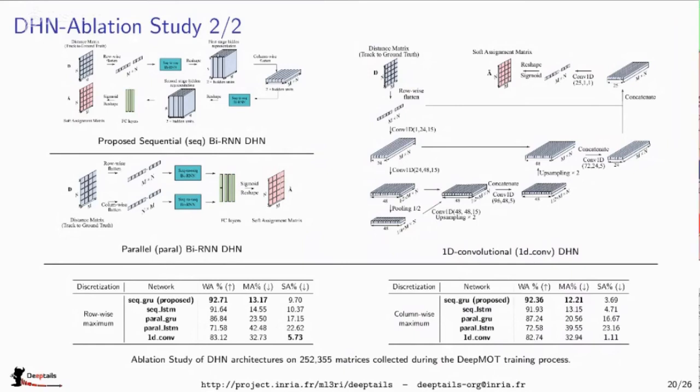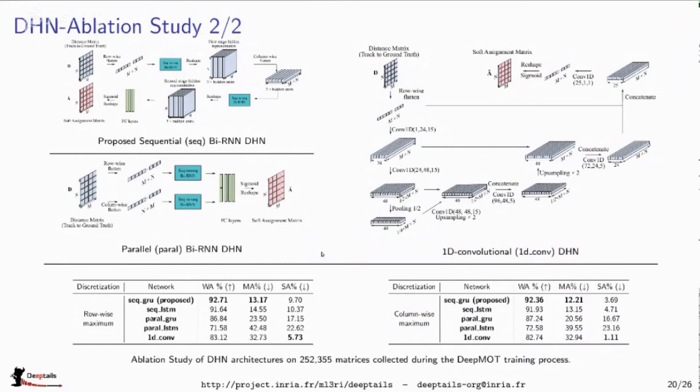And you can flatten this representation column-wise and input it to another bi-RNN network. And finally, you will get the final soft assignment matrix.